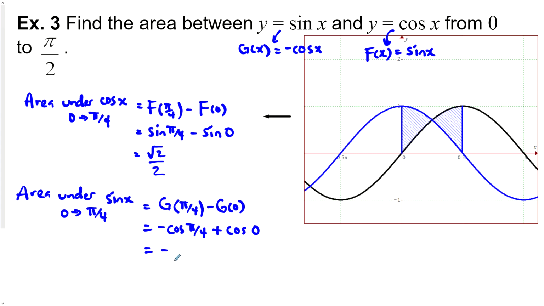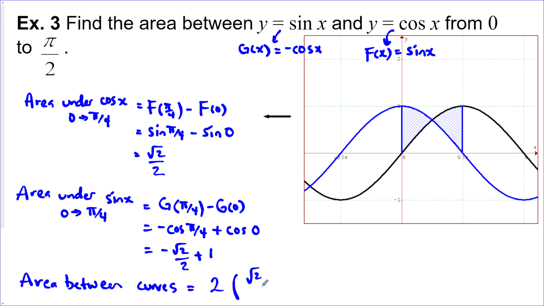This one would be negative root 2 over 2, and this one would be 1. So we'd have area between curves, and remember we're multiplying by 2, so I'll put that in front. We've got this area here, root 2 over 2, minus this area here, negative root 2 over 2 plus 1.